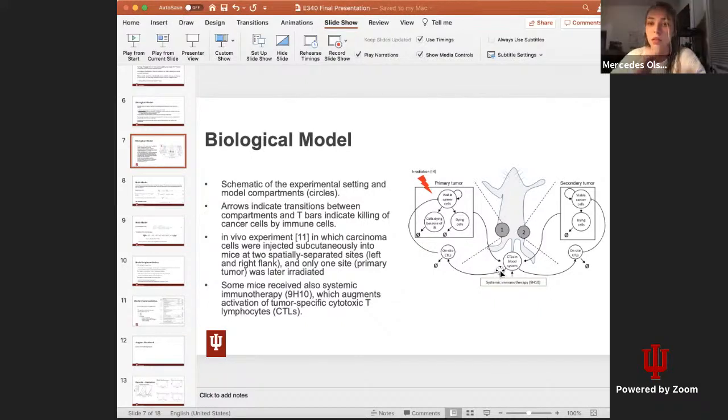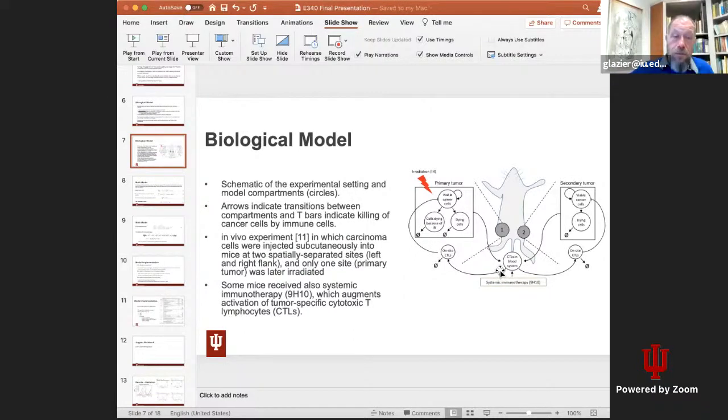Yeah. And the big thing here is that typically with radiation, you can only irradiate the primary tumor because you don't know where the secondary tumors are. And so I think the key question here, at least in Heiko's paper, is if you irradiate the primary tumor, you maybe could kill all the tumor cells of the primary tumor.